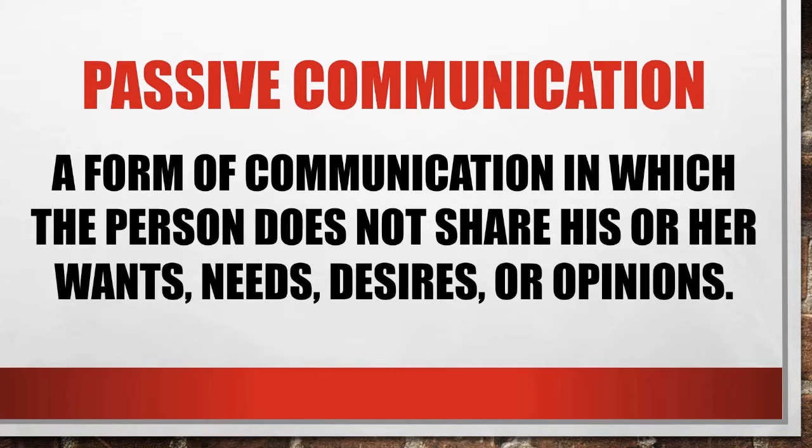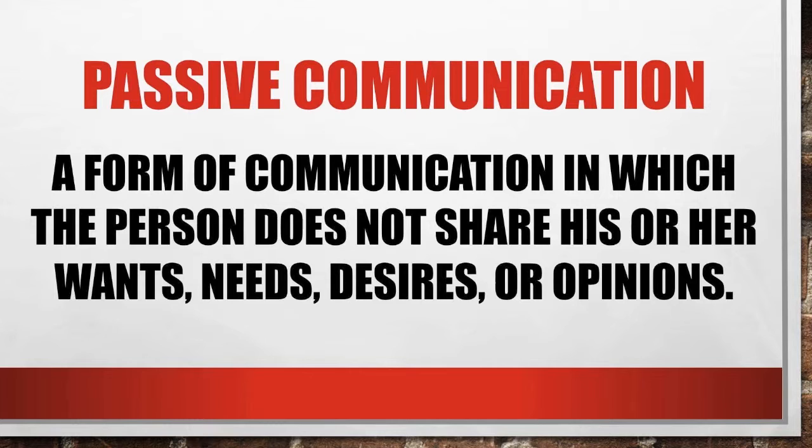Nonverbal cues to remember when you are identifying or interacting with passive communication styles from other people include fidgeting, nodding your head often, having smiles and nods in agreement, a slumped posture, low volume, tending to be fast when anxious and slow in their delivery when they are doubtful.